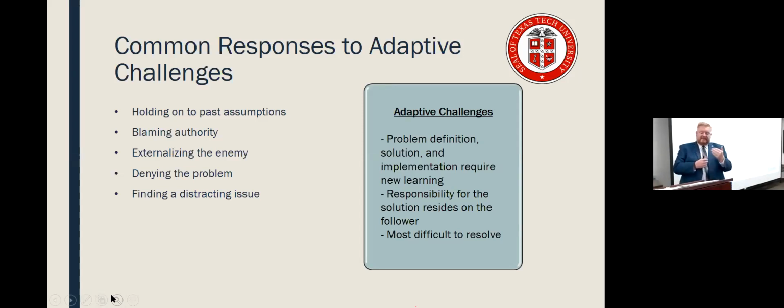And so when we think about distracting issues, as we're doing the work of adaptive leadership, you may stumble upon other issues and other challenges. Sometimes groups will stop the work that they're doing on the issue at hand and decide to focus in another area because it's easier. So that's that distracting issue.